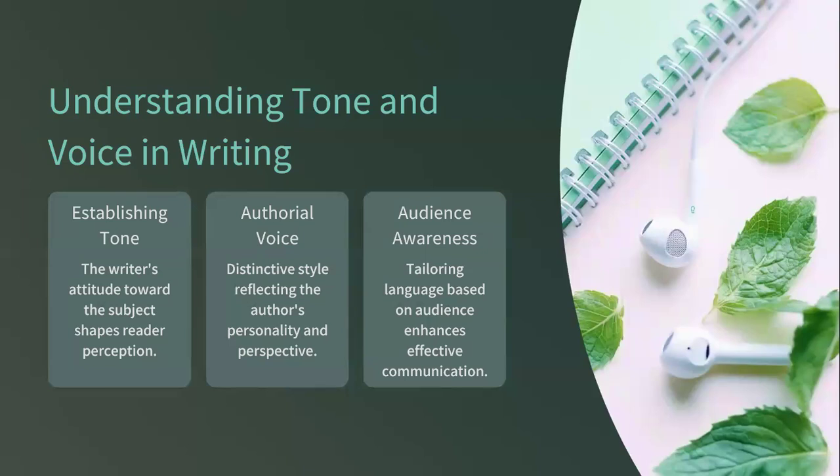Next thing is about the understanding of tone and the voices in writing. What is tone and what is voice? For example, as an author, you are just writing a piece of composition to provide information, which is technically a discursive piece of composition.